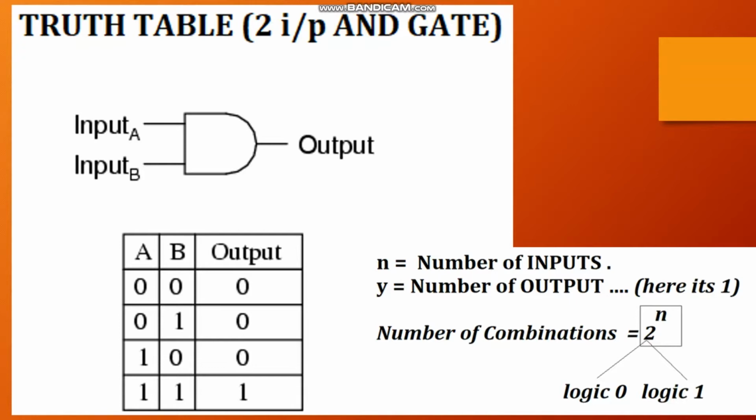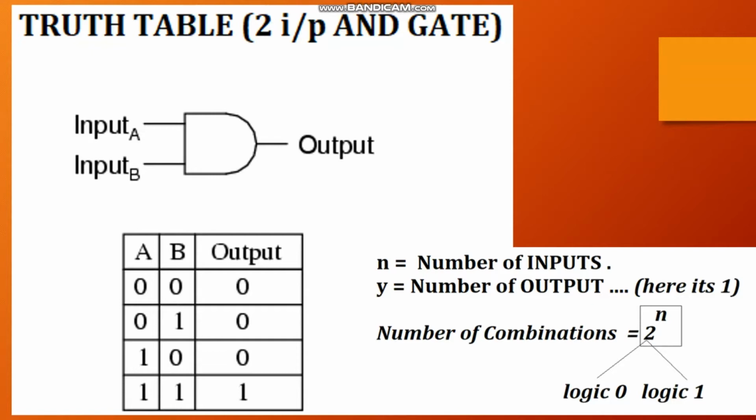Here on the table, the first column represents input A, the second column represents input B, and the third column represents the output Y. Now, the first column A, how to write? Just listen. A has to be two 0s and two 1s. B has to be 0 1 0 1 alternately.